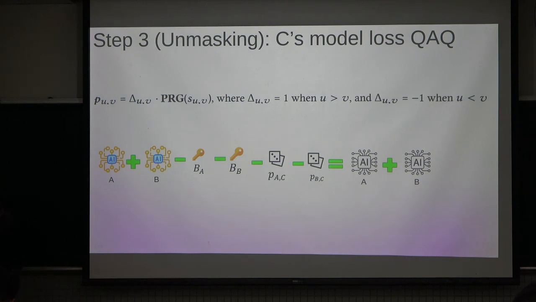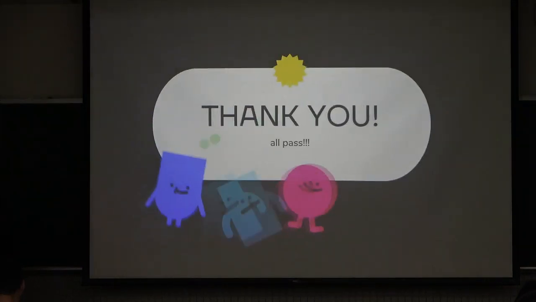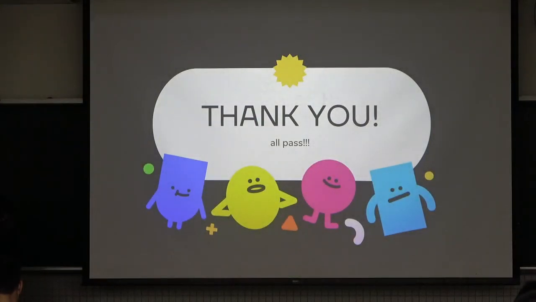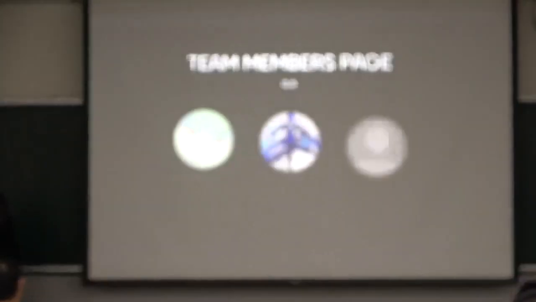And if some of the smartphones lose their connection, we can also reconstruct, and also successfully aggregate when their number is still greater than what we set, the T out of n key sharing. So this is our presentation. Thank you very much.